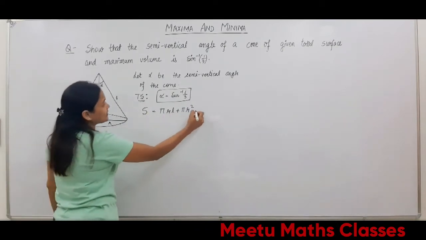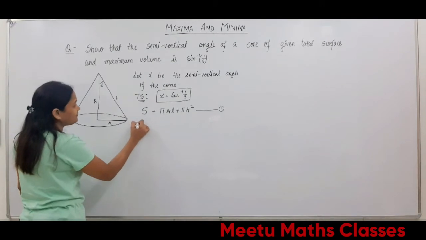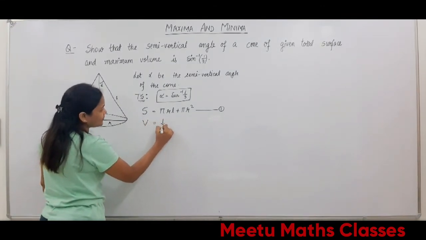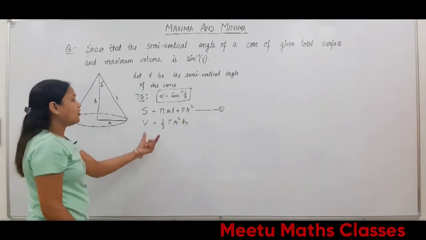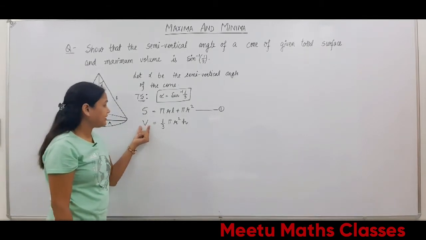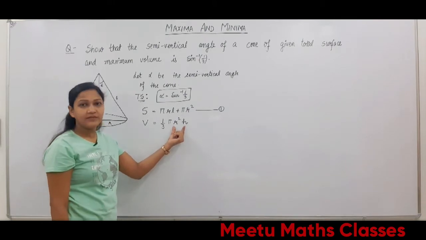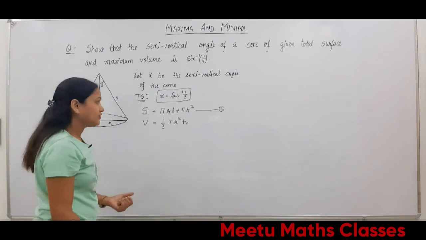Now you are given the surface area. Let us take this as the first statement. Now we have to maximize the volume. So volume is 1 by 3 pi r square h. Now for maximizing a function, that function should be in one variable, but V is a function of r and h, in two variables.